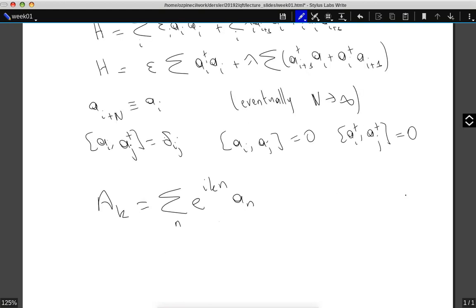Now let's see how this A_k commutes with my Hamiltonian. The Hamiltonian commutator with A_k. Well, I know what my Hamiltonian is. In my Hamiltonian, there is a sum over i, a sum over different sites.